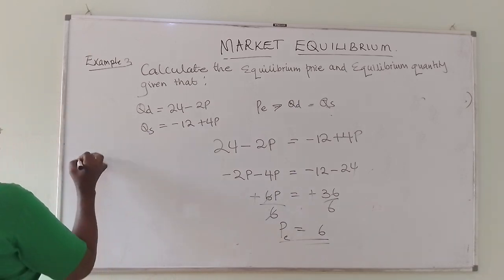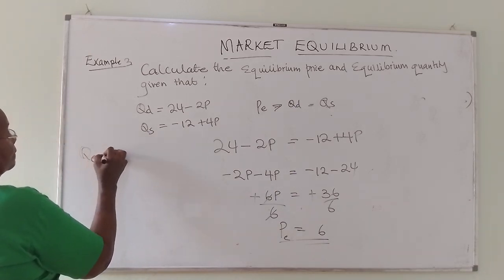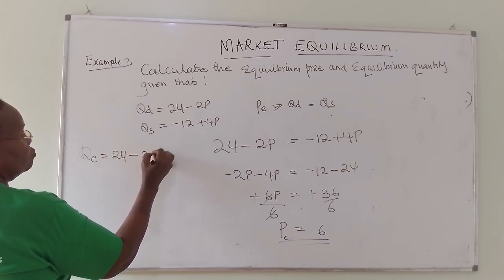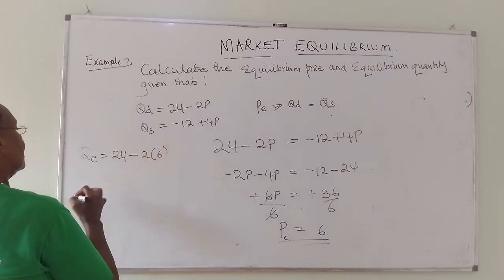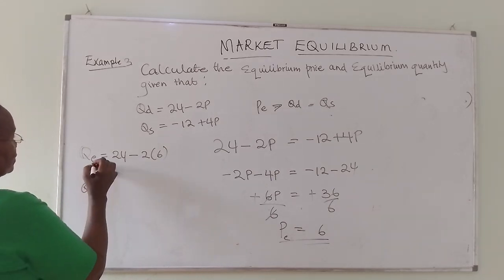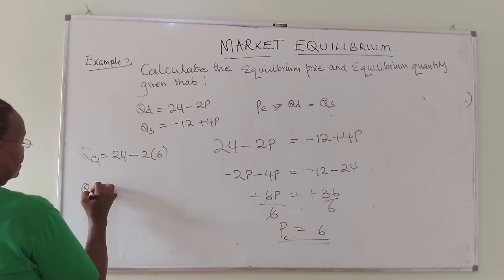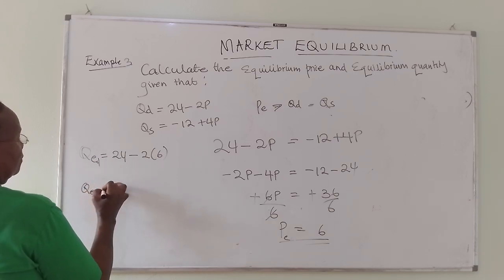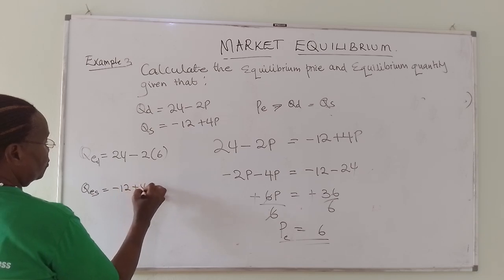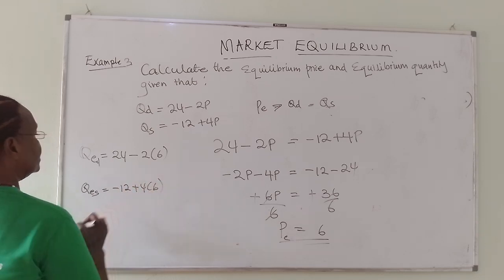To get the equilibrium quantity, you get 24 minus 2 times our price, which is 6. This is demanded and this is now supplied. You get your negative 12 plus 4, but P is already 6.